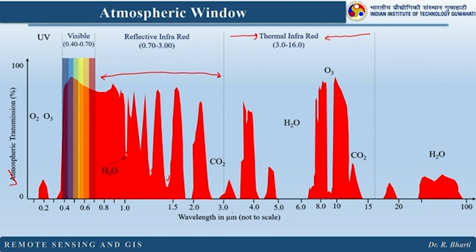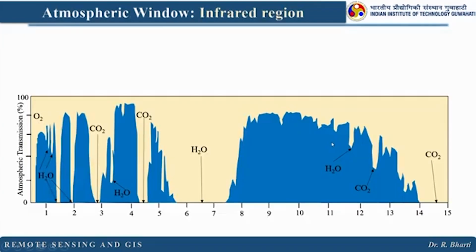Here let us understand this. I have another diagram, and here you can see this is only for the infrared region. Remember, this is for the complete infrared wavelength, where till 3 micrometer or 2.5 micrometer, we have the reflected energy.